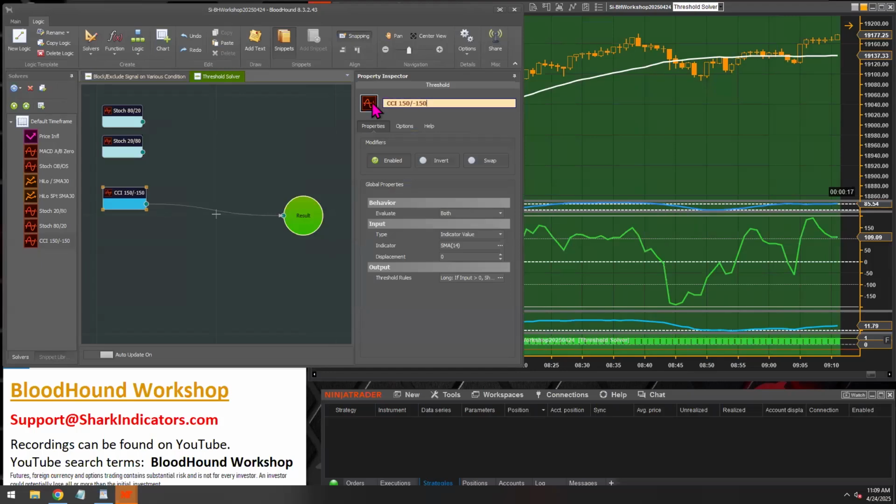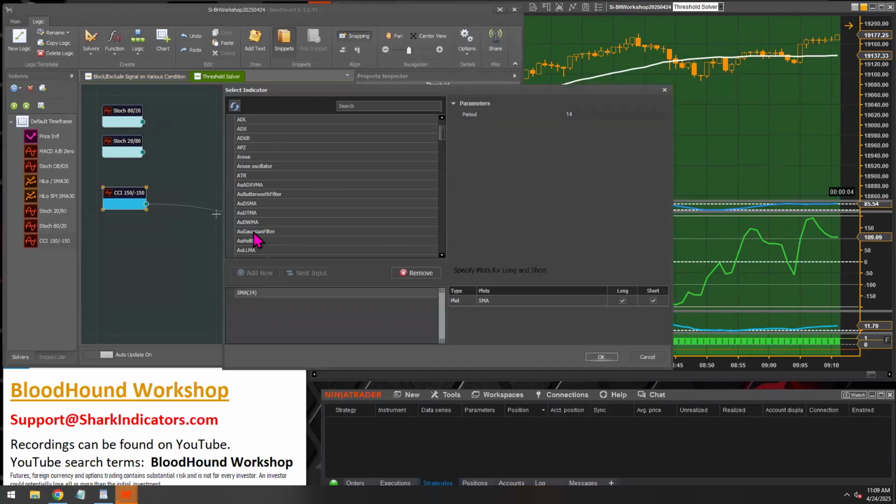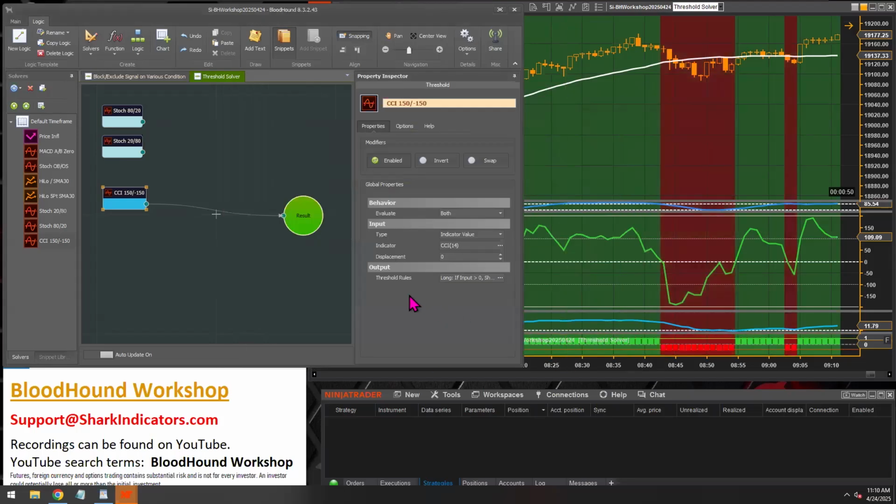All right, so we'll check for when it's above 150 or below negative 150. All right, let's see. There's our CCI. And again, I'm just using the default periods there. All right, CCI only has one plot. Don't have to worry about checking that.